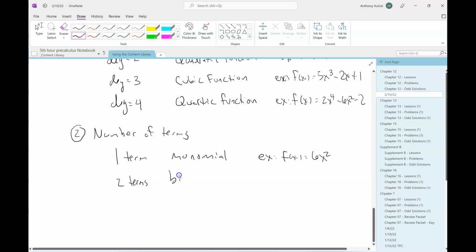Two terms, we call that a binomial. So for example, x plus 7 has 2 terms. That's a binomial. 3 terms is a trinomial.